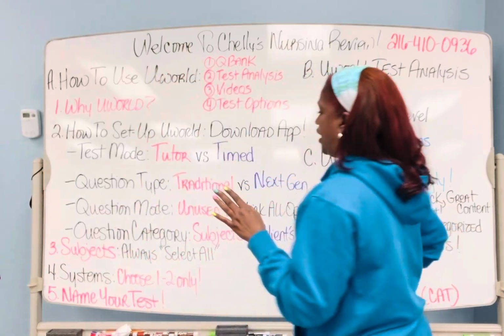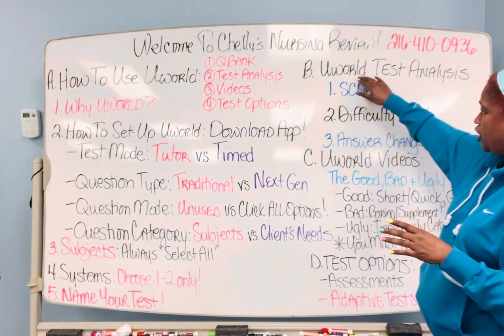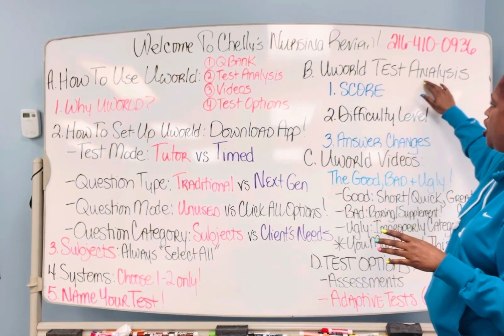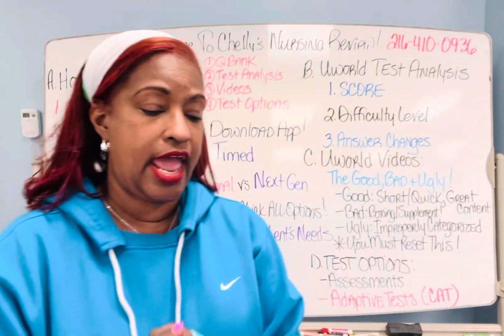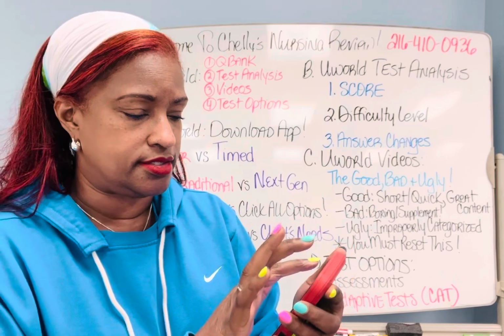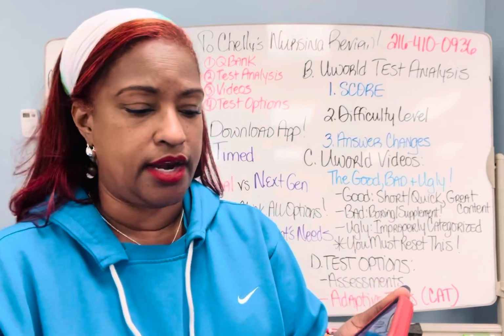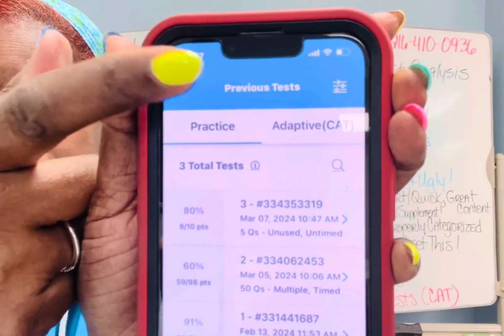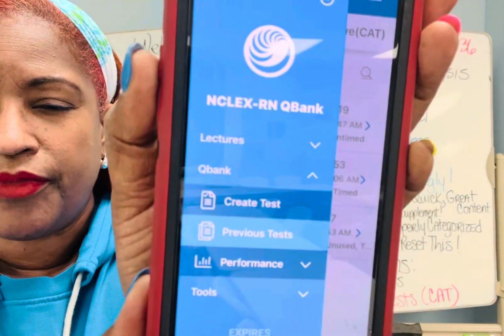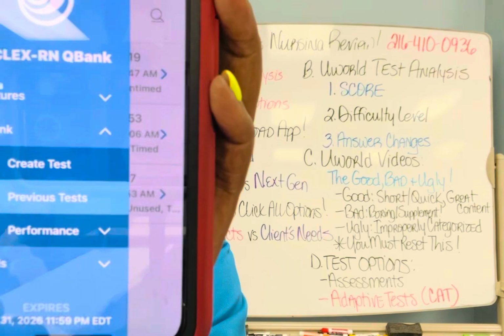All right. Now, look at here, guys. UWorld has something called test analysis. Let's have fun and go do a test analysis. So what do we say you always got to go to? Them damn 3 lines. Here we go. How do we go do a test analysis?